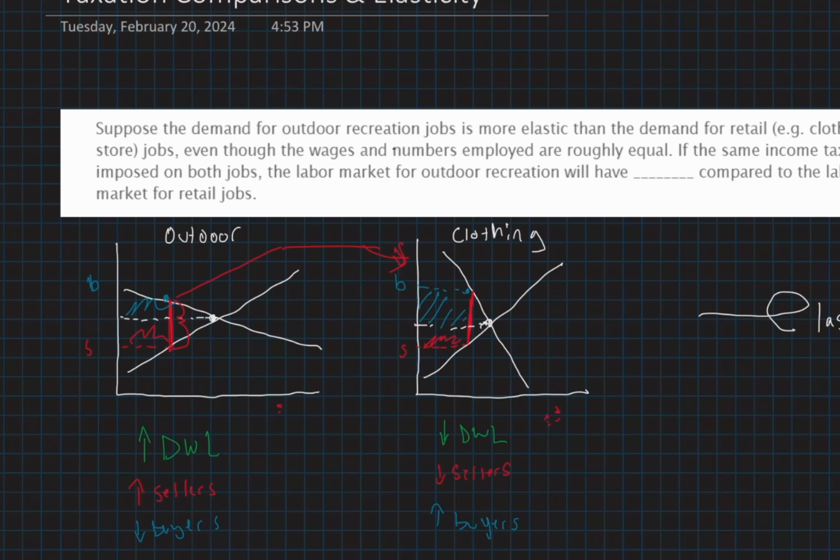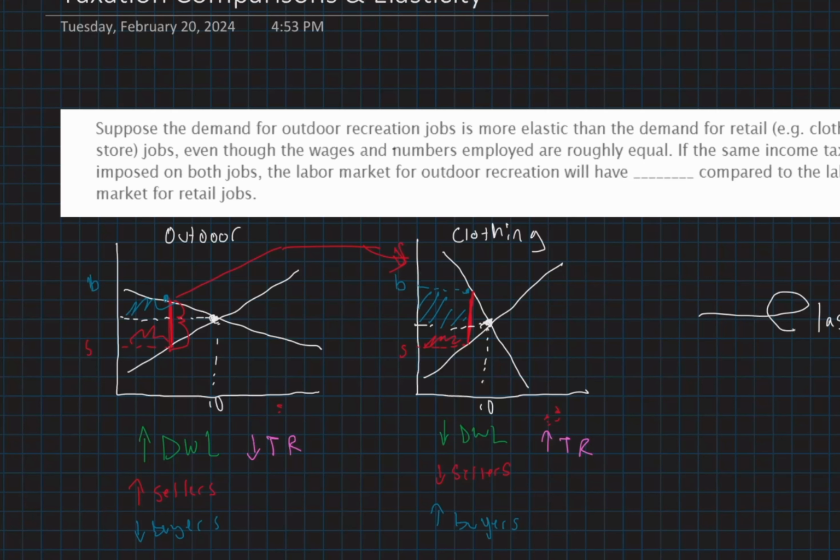Now this one's a little bit trickier. Okay. I think the easy way is it's just the inverse of deadweight loss. So if one has greater deadweight loss, that means it has less tax revenue. And this one can be hard to see sometimes, just how the way we draw our markets. But the best way I can think of is if these equilibriums are in the same quantity, okay, so let's say that this one is 10 and this one is also 10.